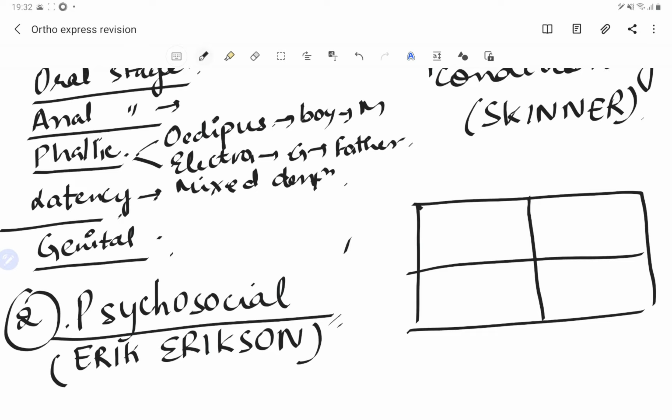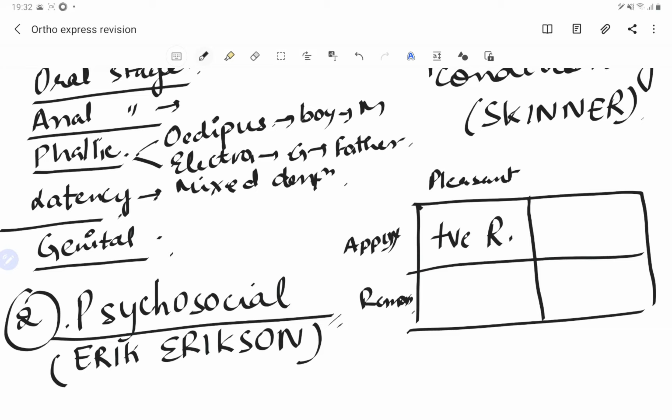One is we apply, another one is we remove. If we apply a pleasant stimulus, that is giving the child toys, we cannot give candies and all because they are cariogenic, that is our positive reinforcement.